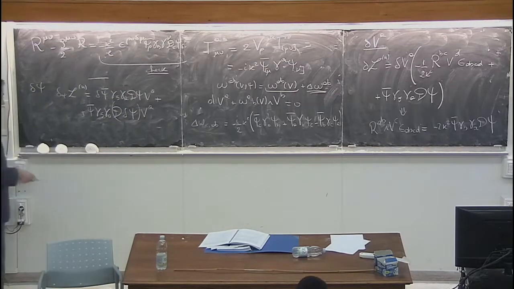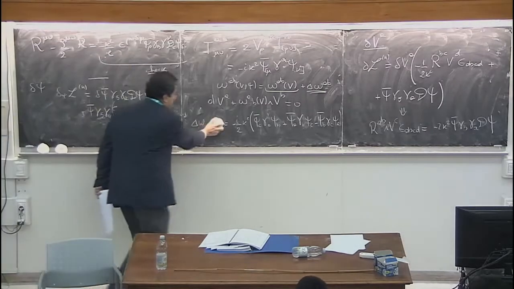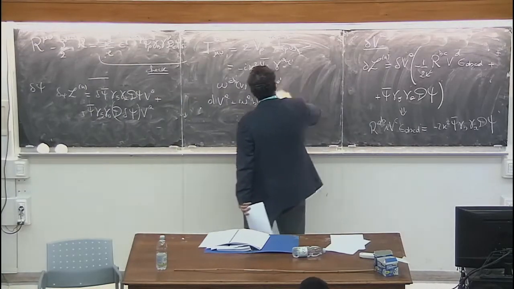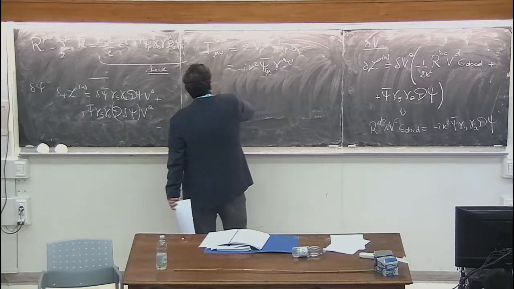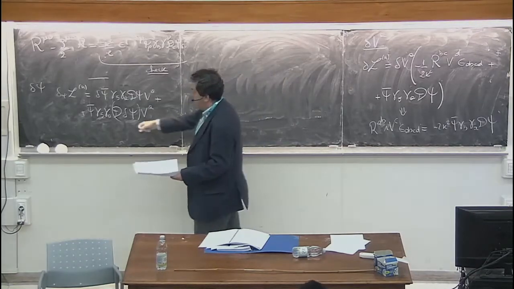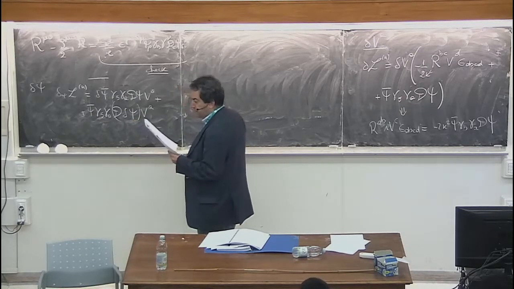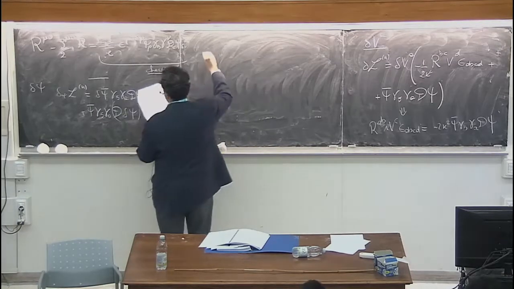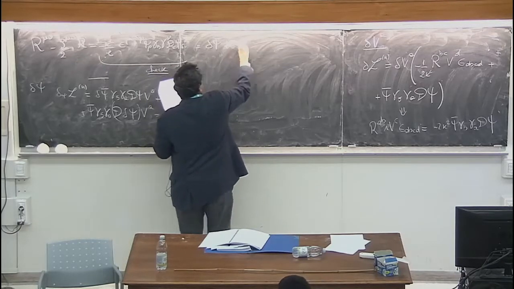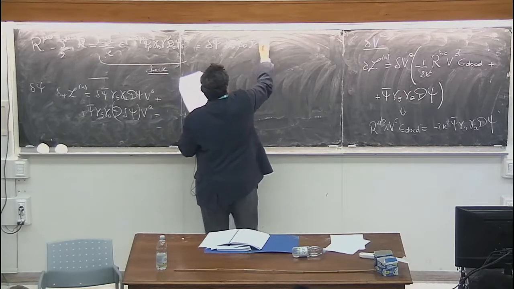You have to vary both psi's because they are not independent. They are Majorana spinors. Okay, you vary both of them. And what do we get? You integrate by parts the last term here. Okay, and so we have delta psi bar gamma 5 gamma A d psi VA.